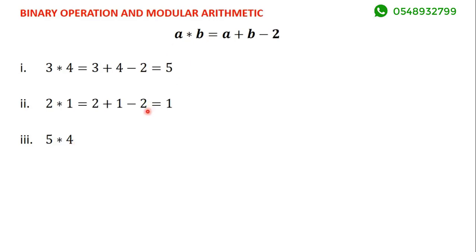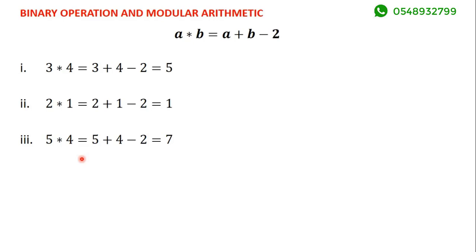From the definition, 5 star 4 will be equal to the first number, 5, plus the second number, 4, then minus 2. 5 plus 4 minus 2 will give us 7. So you can see that using the definition A star B is equal to A plus B minus 2, we have been able to evaluate 3 star 4, 2 star 1, and 5 star 4. We learnt this in the video on binary operation and the real number system.